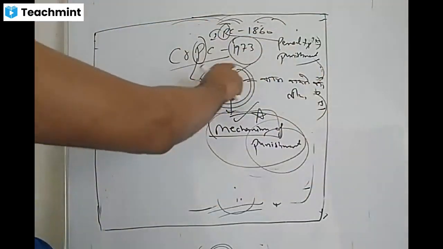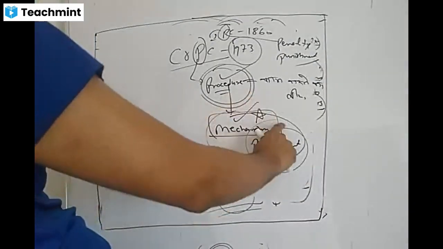But in case of CRPC, procedure is given, means the mechanism of punishment is given.